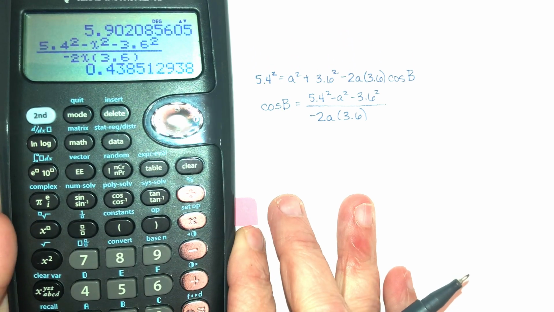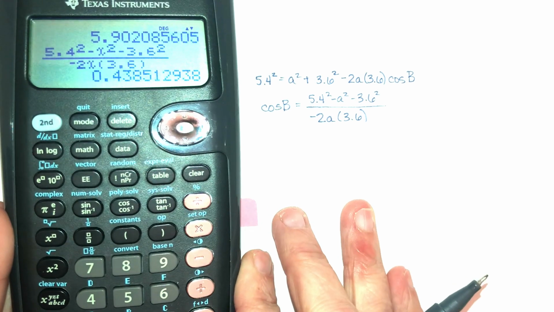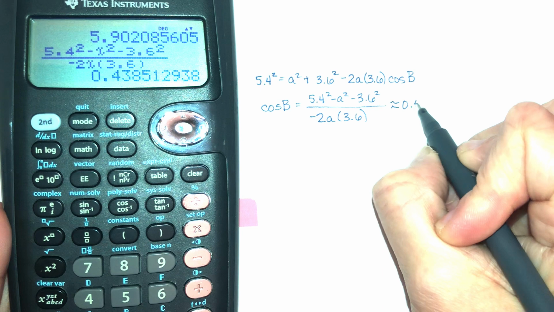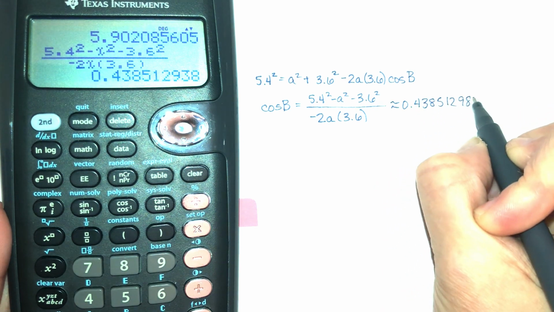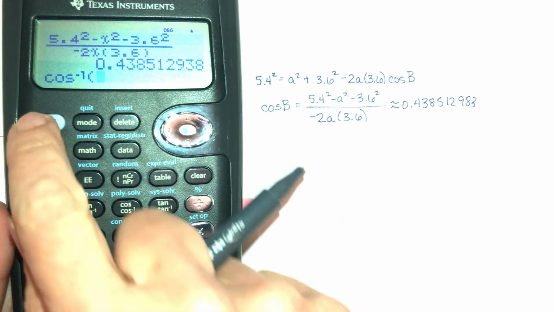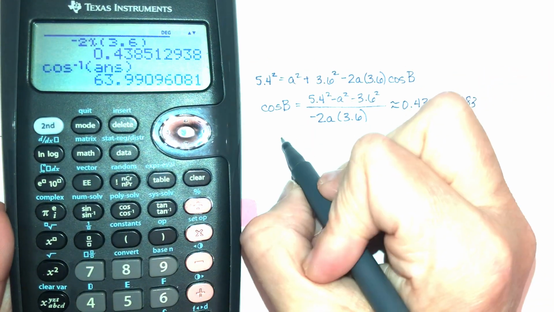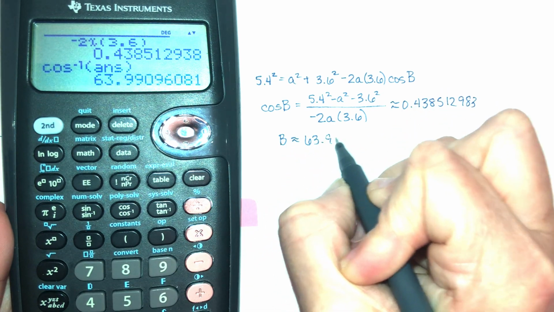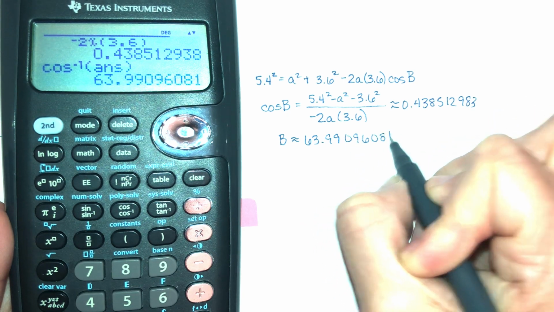And you find that cosine of B is approximately equal to this. And you take inverse cosine of that answer. And you'll find that angle B is approximately 63.99096081.